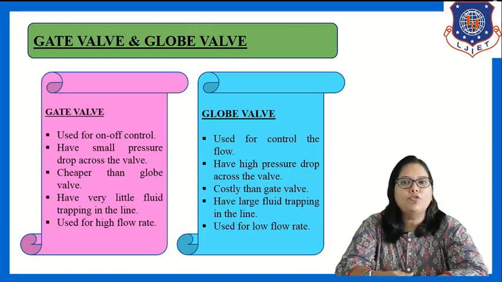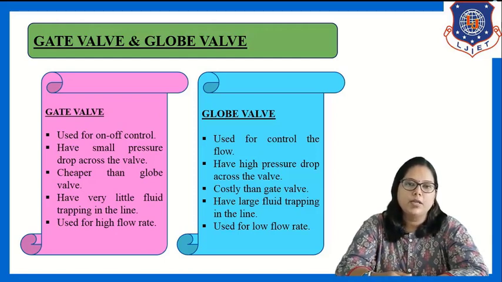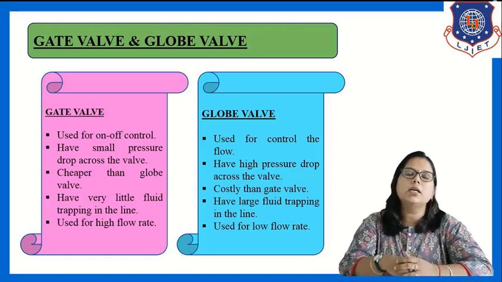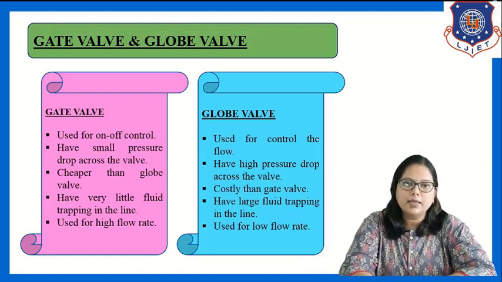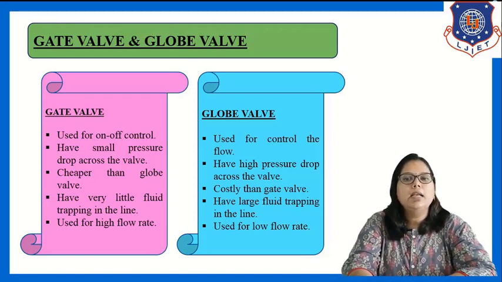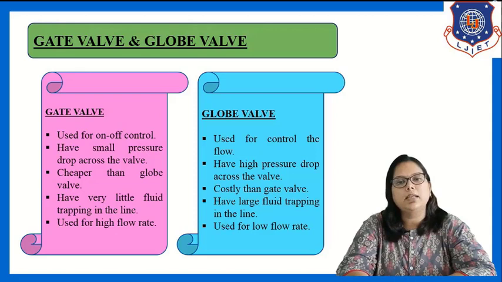While the globe valve has large fluid trapping in the line because it is used for controlling the flow rate. In some cases the flow rate is low, in some cases it is high. Due to this, it provides large fluid trapping in the line.